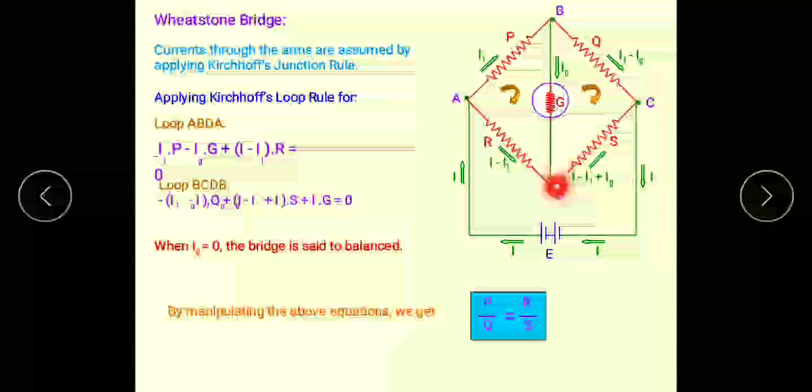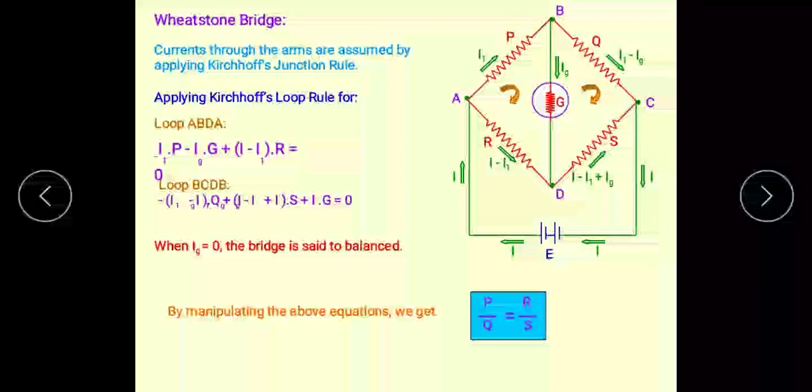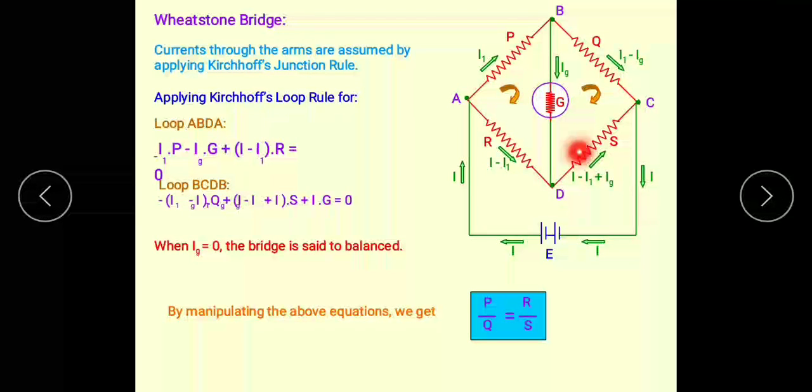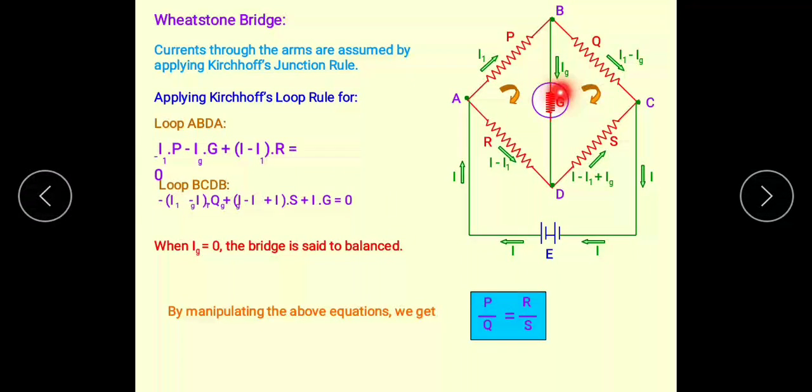Now here Kirchhoff's first law applies, that is, the current flowing through the resistance S will be the sum of the current Ig and I minus I1. So the sum will be I minus I1 plus Ig. This is the current flowing through resistance S.